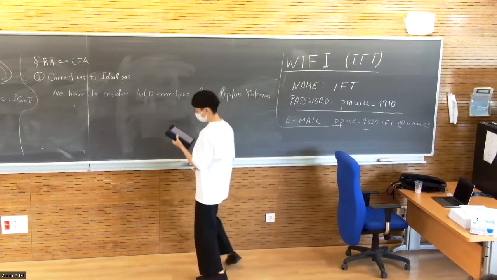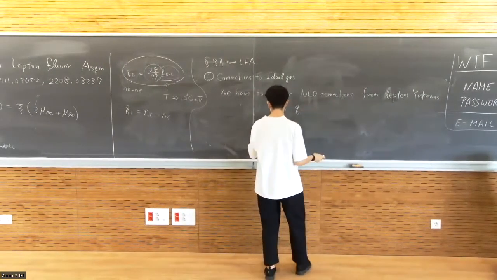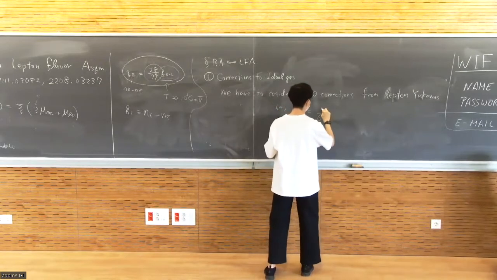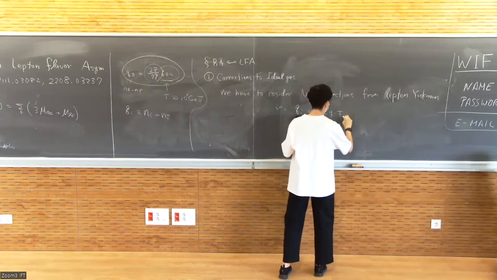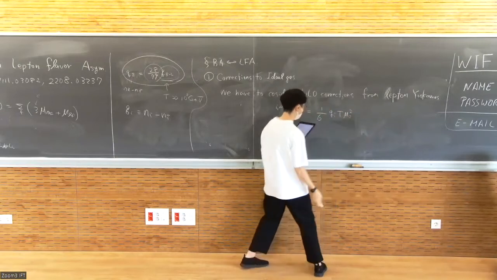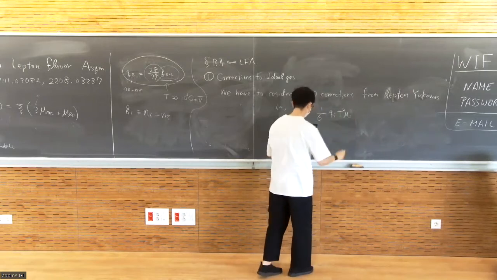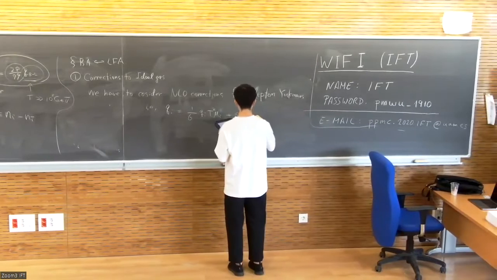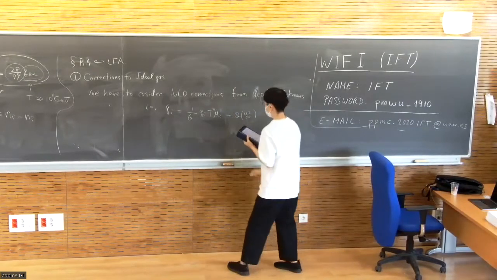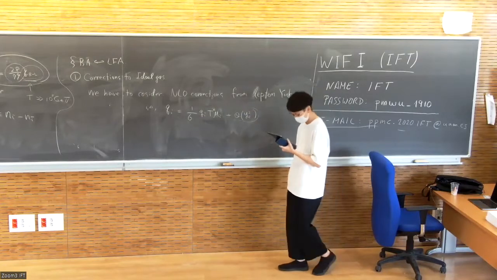Okay, a bit abstract, but what I want to say is that something like this is the leading order term for a fermion, for instance. So this is the leading order term, but there should be some correction coming from the lepton Yukawa. So we have to take this effect into account in the calculation.